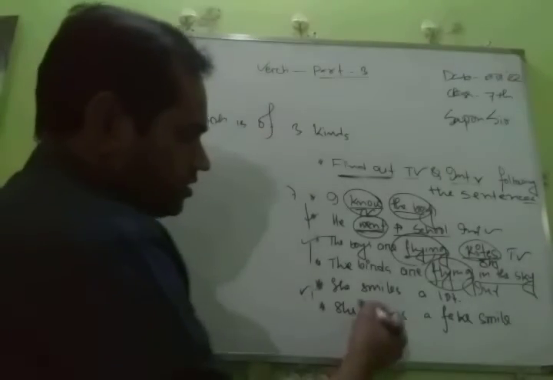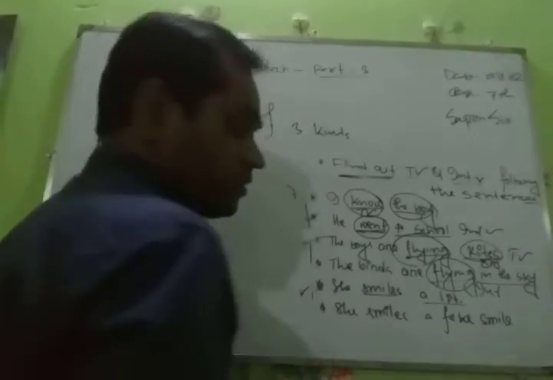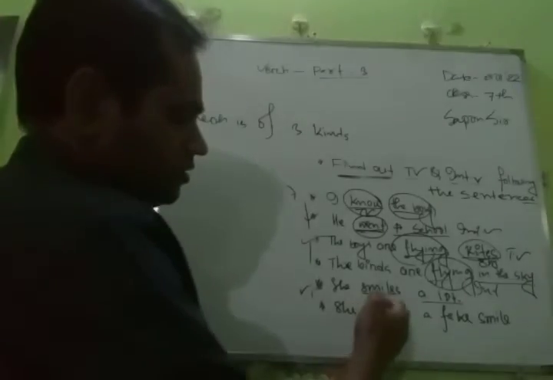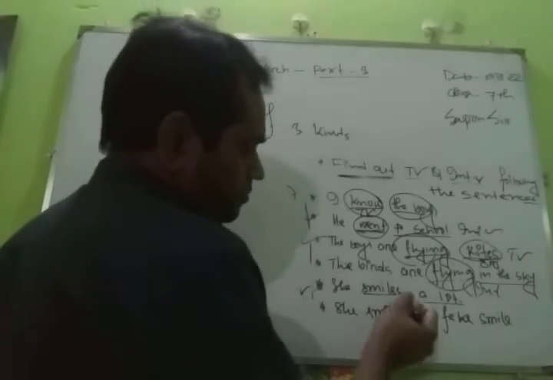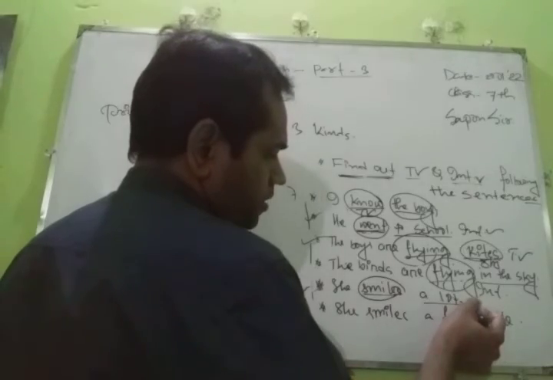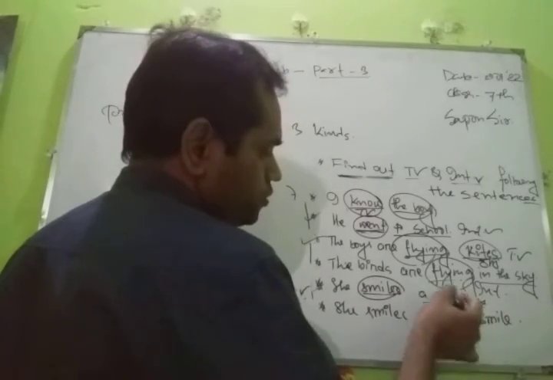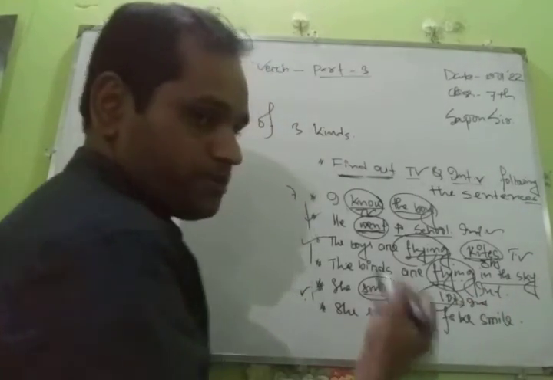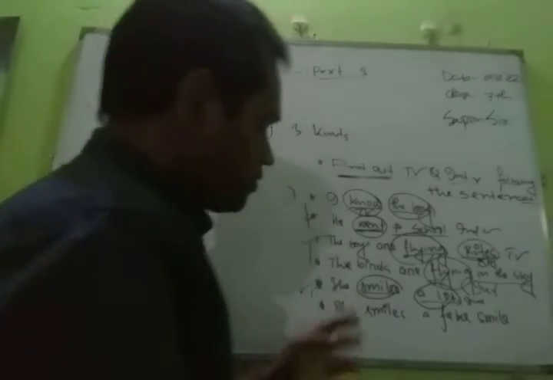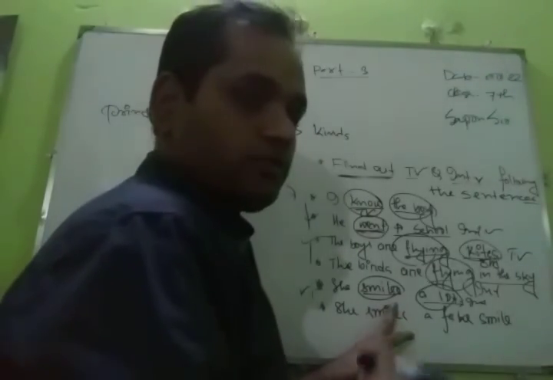Then, she smiles a lot. That verb is called the intransitive verb, because there is no object. We do not get the answer.